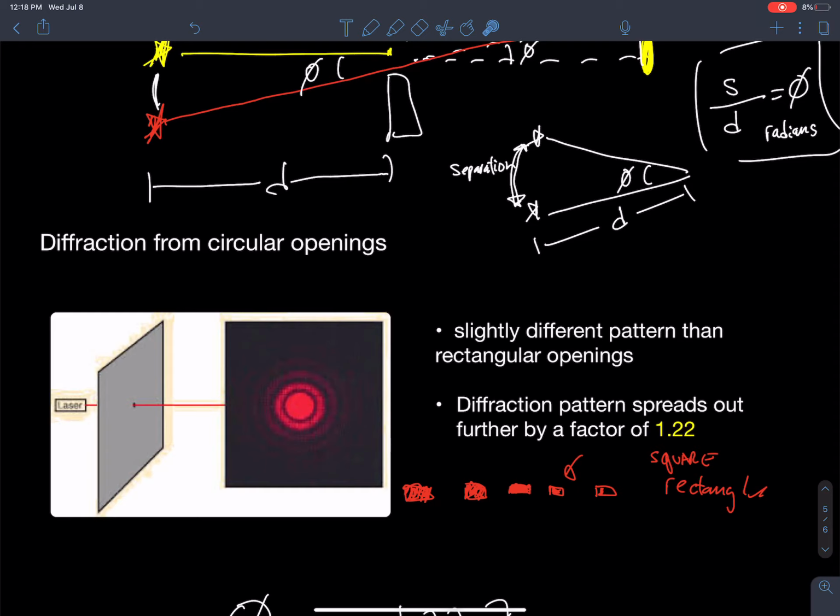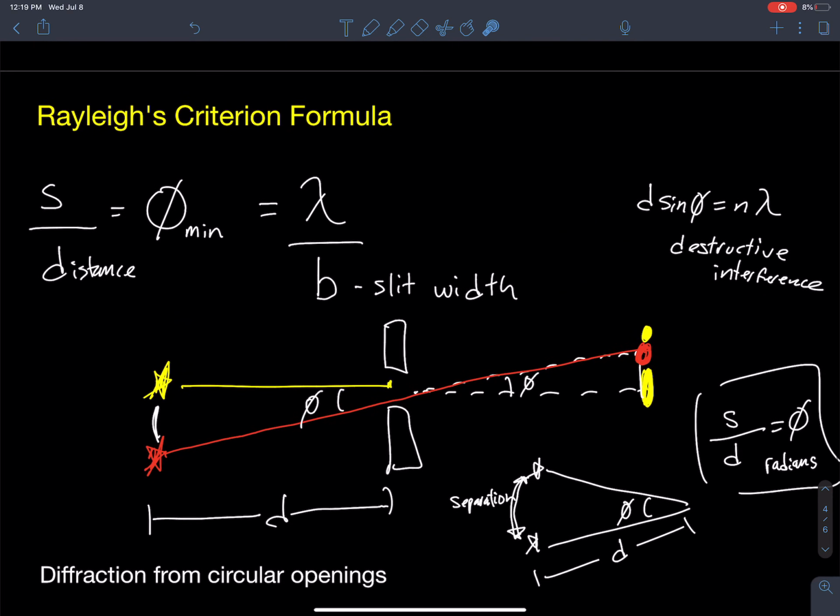Based on the fact that circles are very different than boxes and are not linear, it happens that the separation of these lines is a little greater than what I would predict with the regular diffraction formula. The separation is increased by a factor of 1.22. So if you look in your data booklet, you'll see two formulas for resolution. This formula applies if my hole is a rectangle or a line.